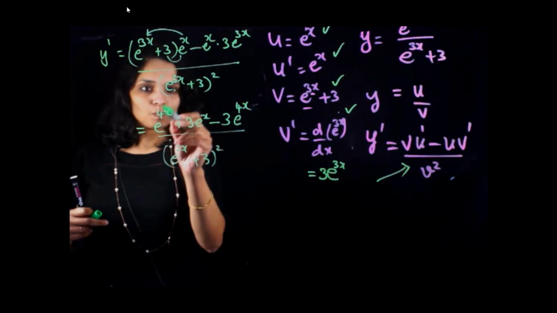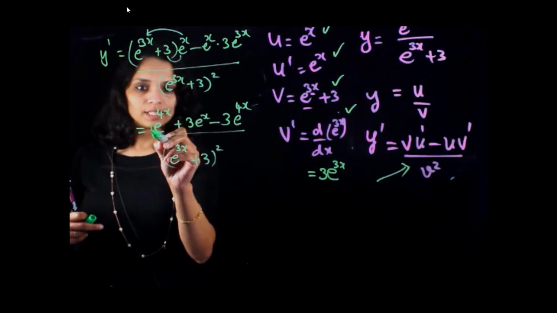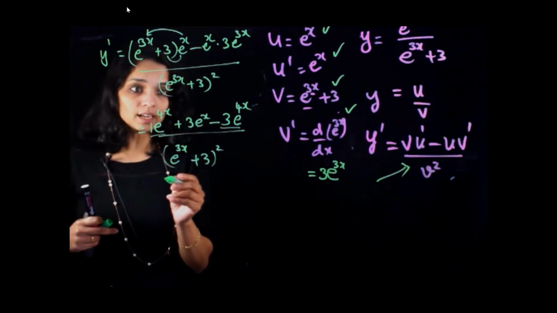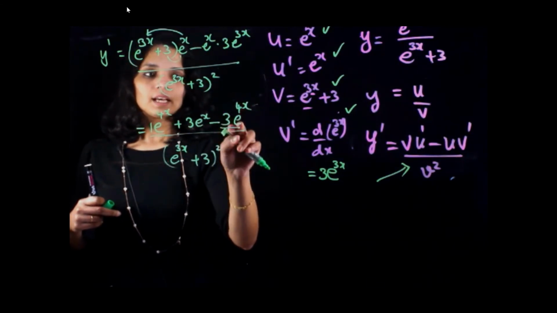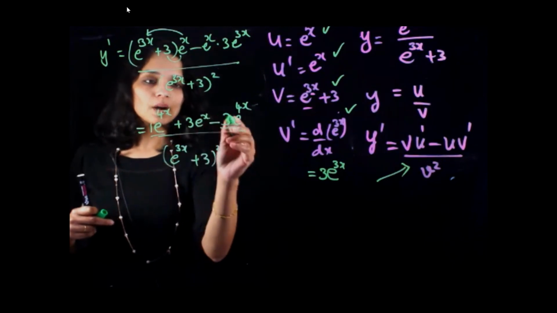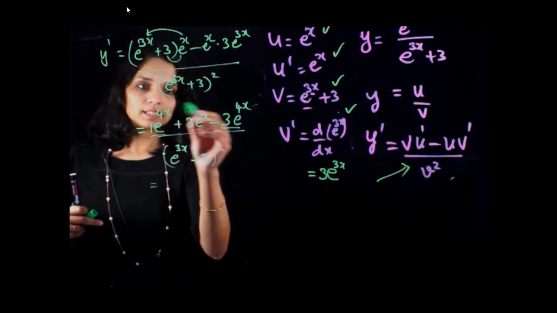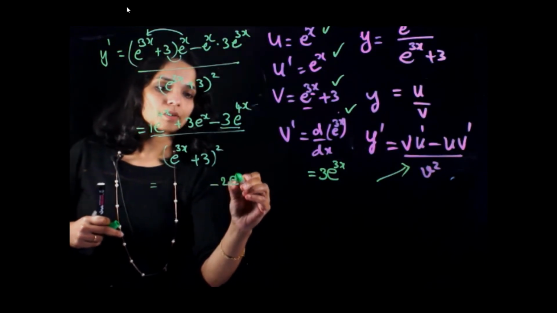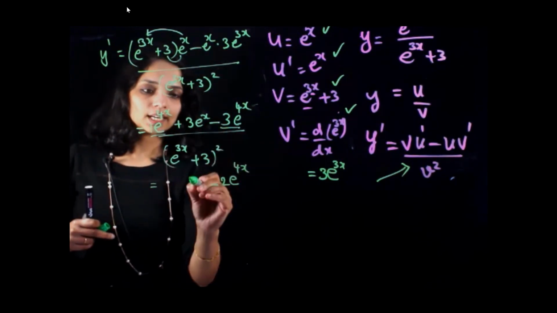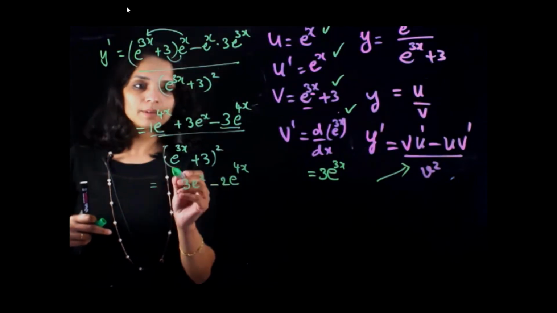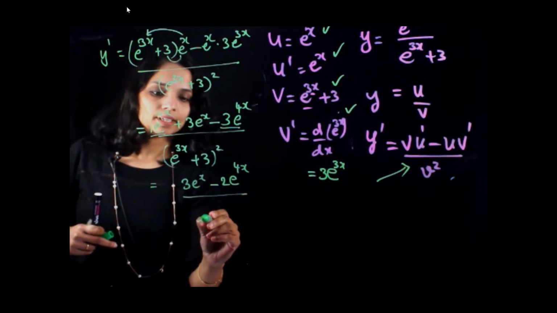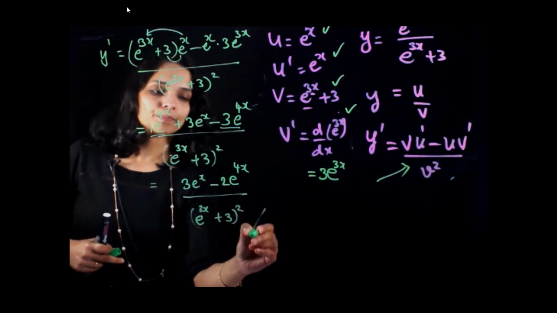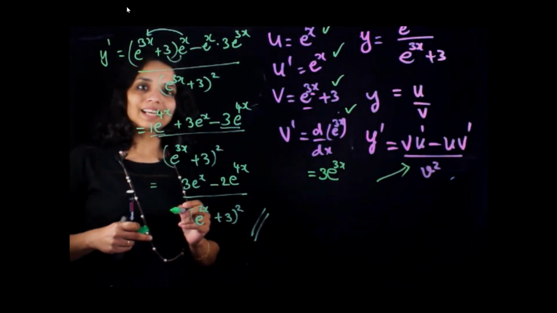We can make more simplification in here, because these two terms can be clubbed together, because they both have the same e to the power 4x. It's 1 minus 3, the subtraction of the coefficients, which is minus 2 e to the power 4x, and 3 e to the power x, the middle term, divided by e to the power 3x plus 3 the whole squared. Okay, so that's the final answer.